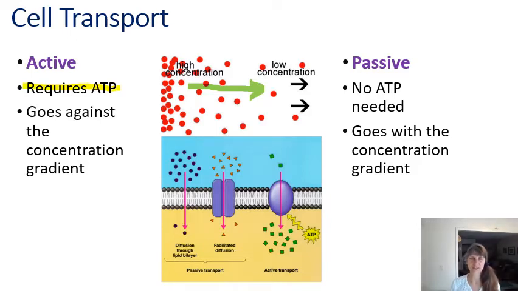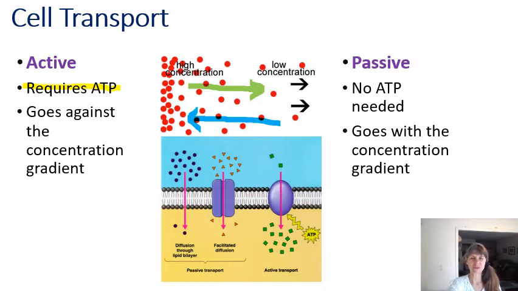So now those substances are going from an area of low concentration to an area of high concentration. Imagine that same child that went down the slide, now having to climb back up the slide. That's going to require more energy.